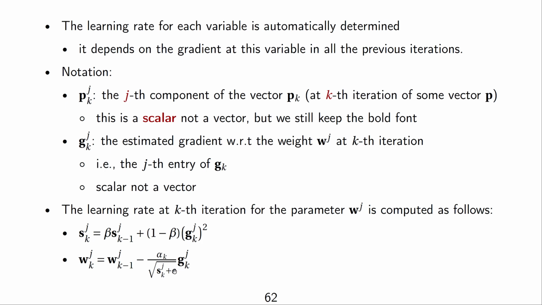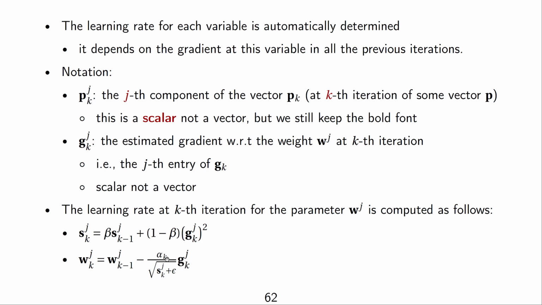What is this plus epsilon? Again, only or mainly for numerical stability. If this value would be 0, then we would be in trouble because we would divide by 0. So since we compute the exponentially moving average of the gradient component squared, we take the square root here to get to something that's more similar to the exponentially moving average of the gradient components.